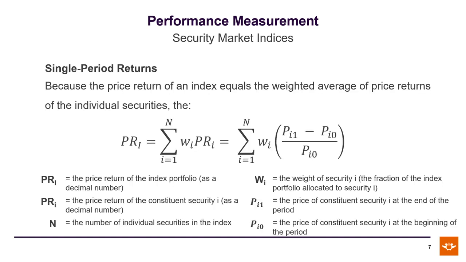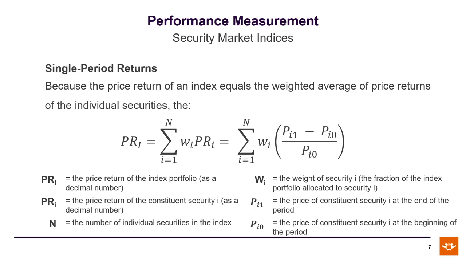So looking at the information we calculated in the previous slide, which is the price return for an individual component security in the index, we're now going to take all these price returns and we're going to weight them, and we're going to add them all up to get the price return for the entire index.